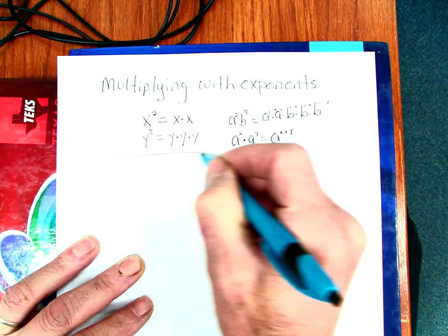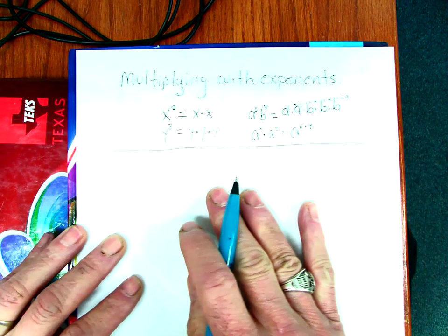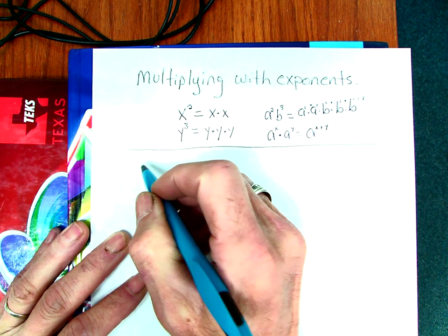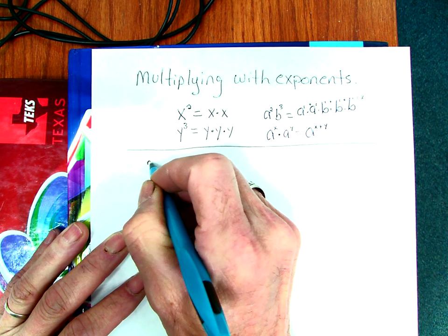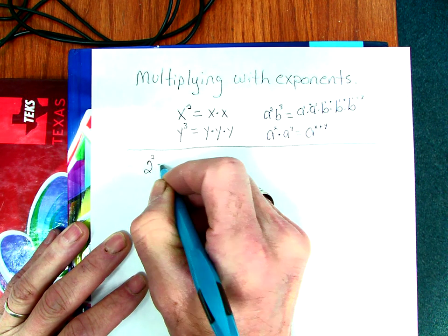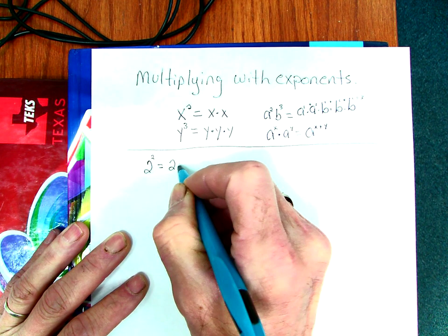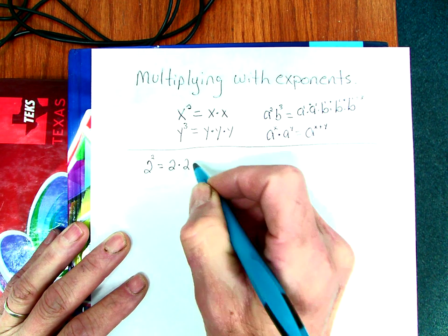Alright, so let's practice this a little bit. Let's start with just numbers because we can quickly check those in the calculator. 2 squared means 2 times 2.